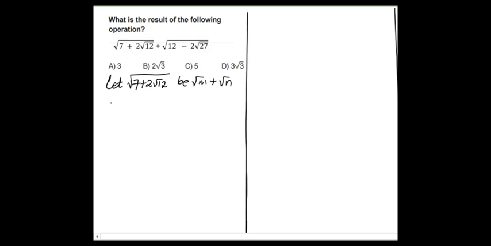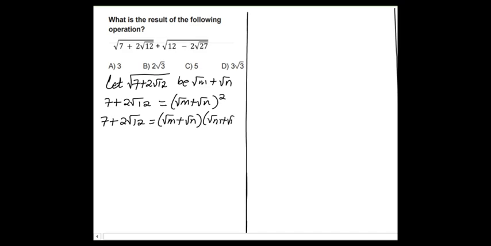So for you to get 7 plus 2 root 12, you will now square both sides. That would be root m plus root n all squared. Squaring both sides, you have 7 plus 2 root 12 equal to root m plus root n times root m plus root n.